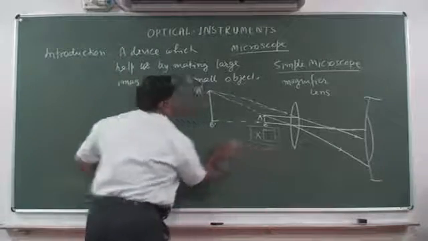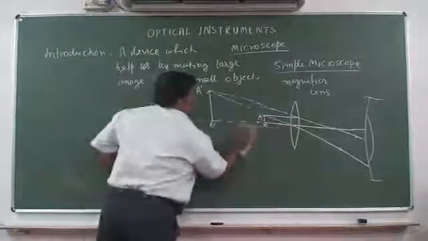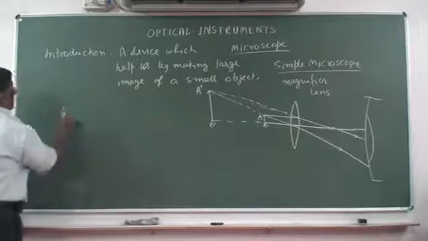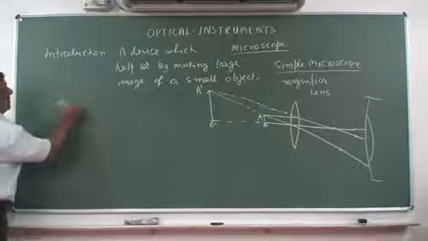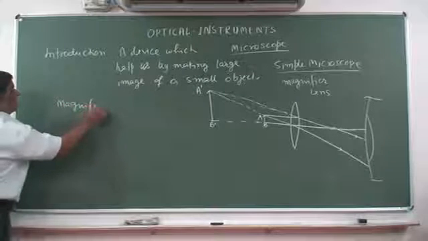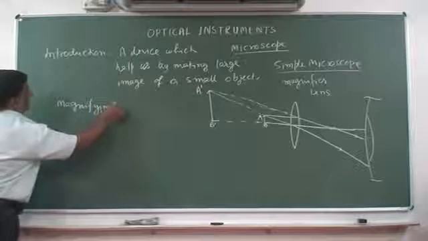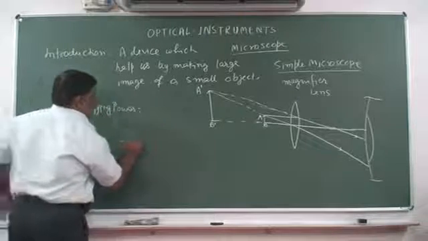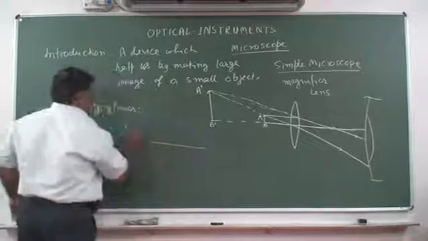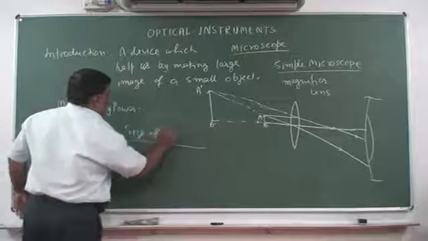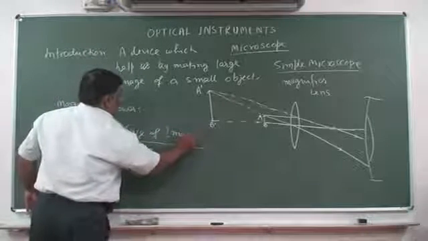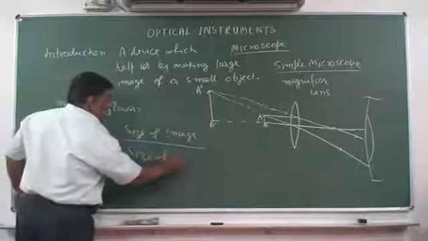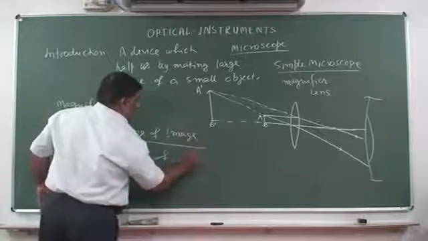And it's very simple. The magnifying power is how much larger is the image with respect to the object. So magnifying power is equal to size of image divided by size of object.